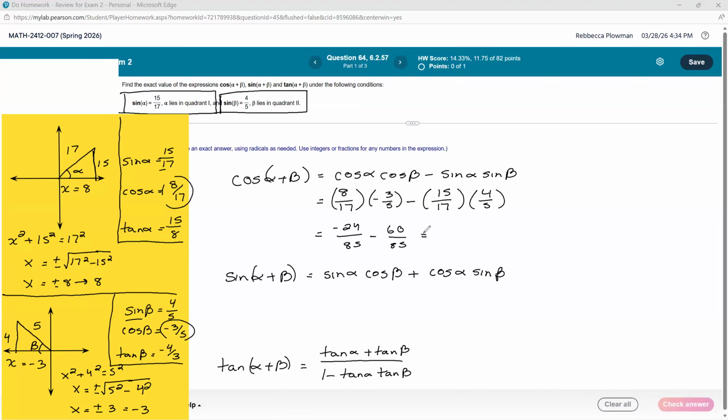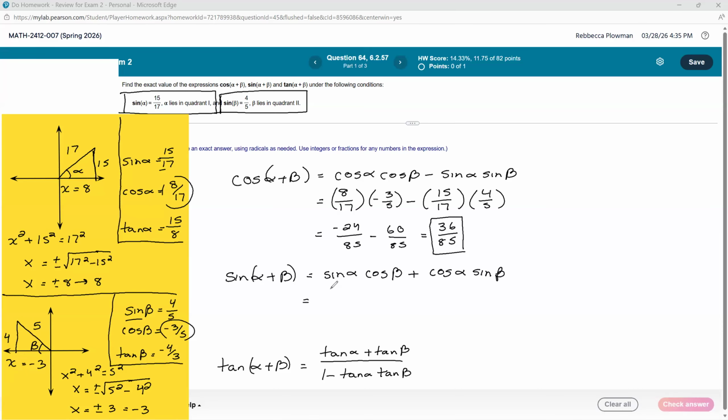So negative 24 plus 60 is going to be 36 over 85. See if that actually reduces to something. Nope, I think it stays 36 over 85. So that is cosine of alpha plus beta.